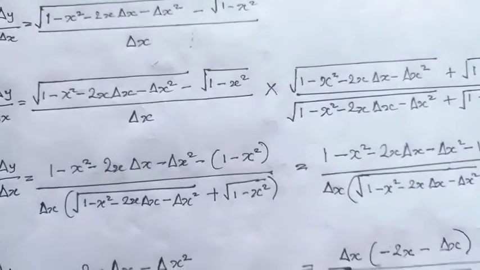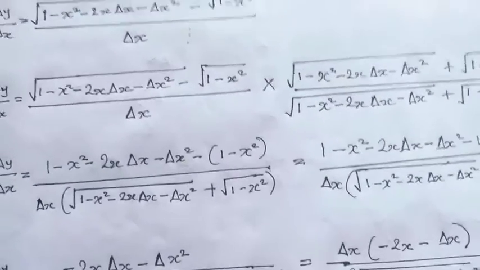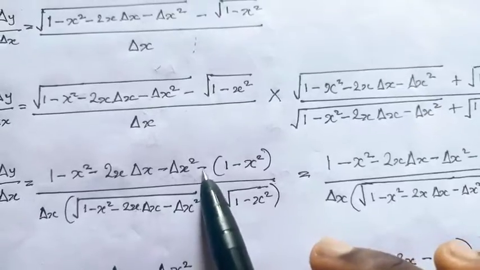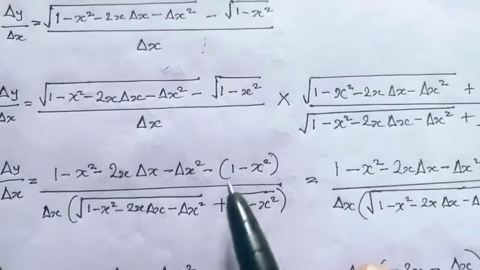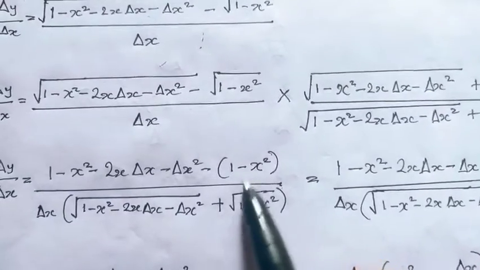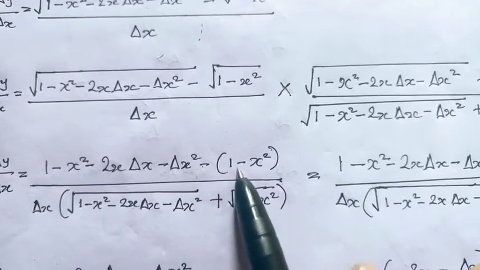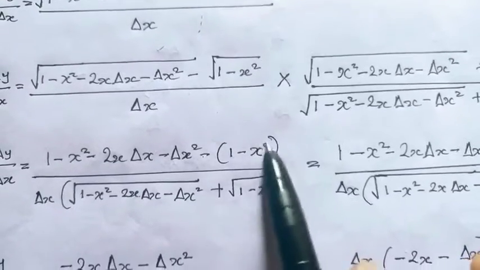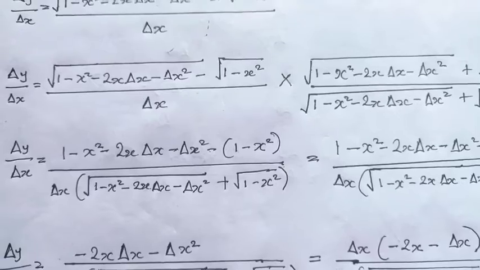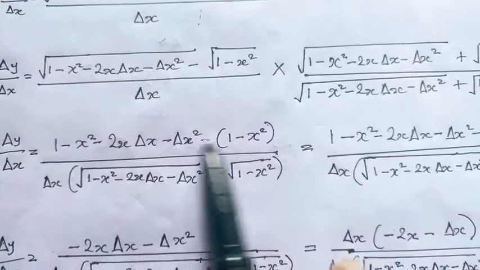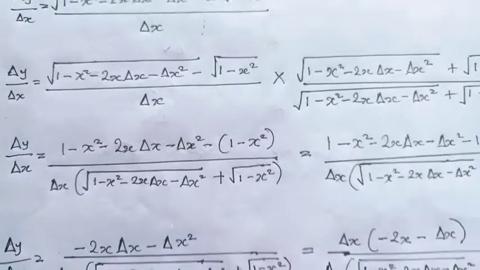But in the previous case, we had only one quantity, x, so it was easy for the negative sign to just affect it. In this case, we have two quantities, so the negative sign has to affect the 1 and also the negative x squared.